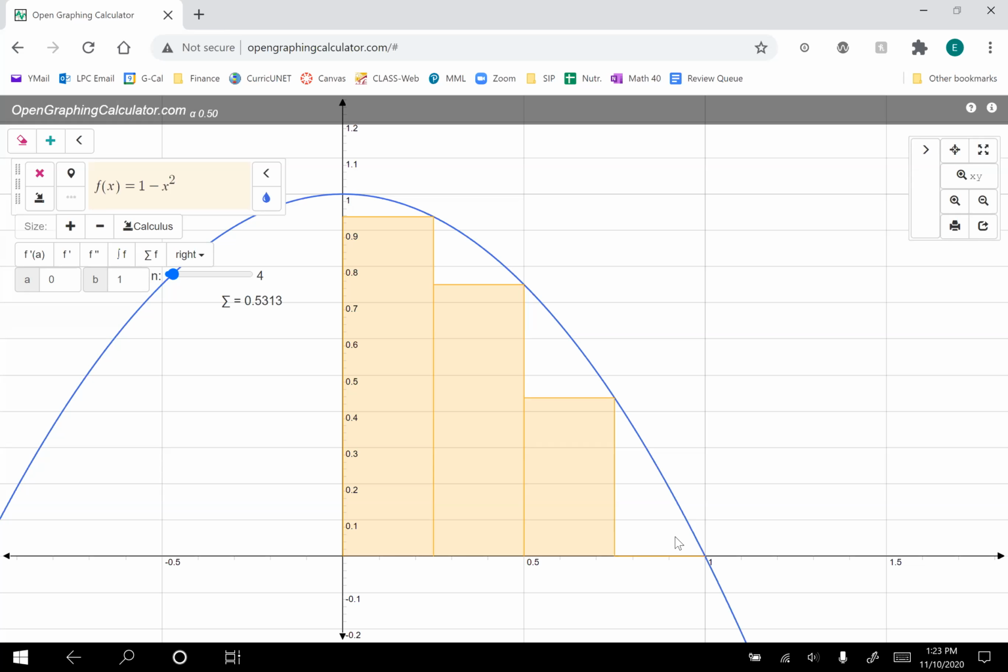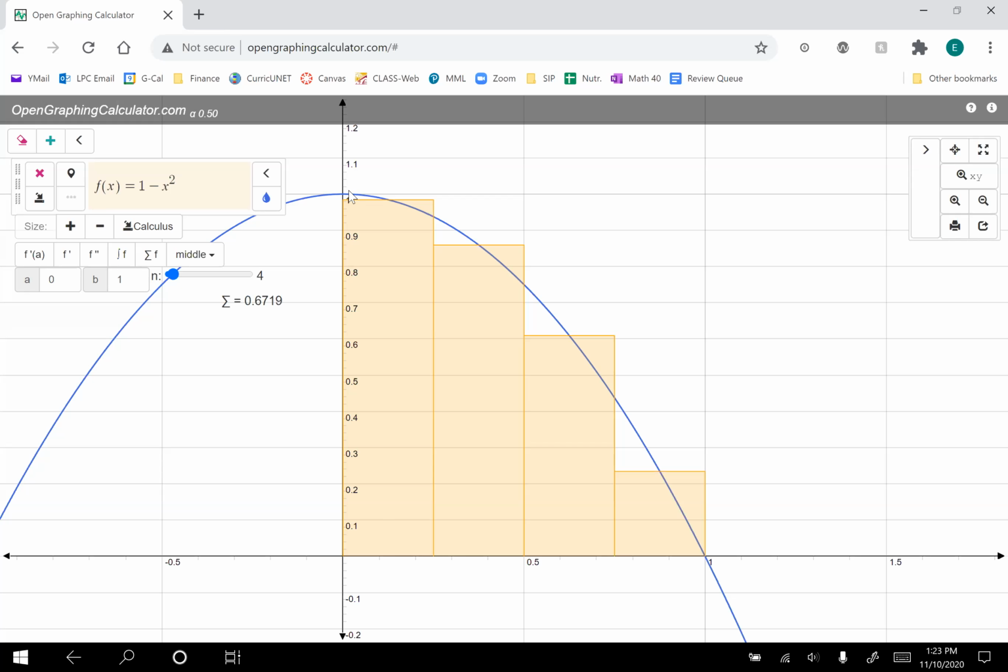So you can see that, yes, it really is a flat little nothingness rectangle down there. And so we add together these areas set by our right endpoints, and we get approximately 0.5313. On our notes, we had 0.53125, so it fits.